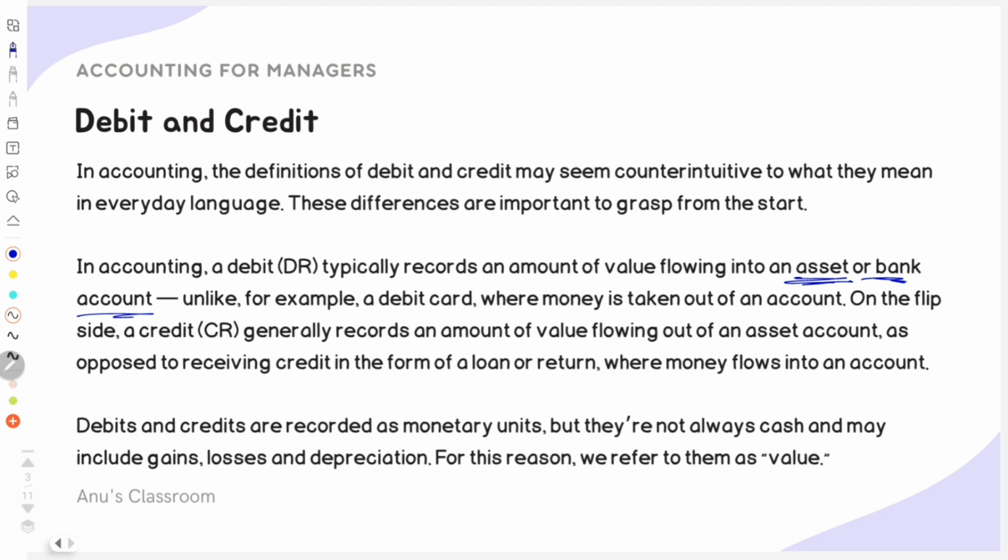So unlike the example of a debit card, where money is taken out of the account, in accounting we debit an account when money is flowing into it. That is, if in a transaction you have an asset account, an account whose nature is of the asset category, or a bank account, and the value in that is increasing, then that should be a debit.